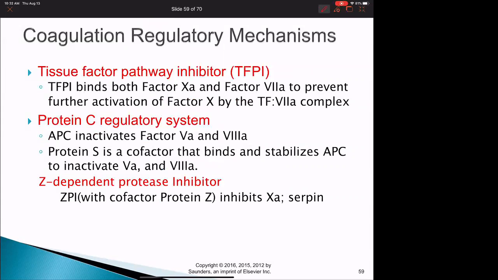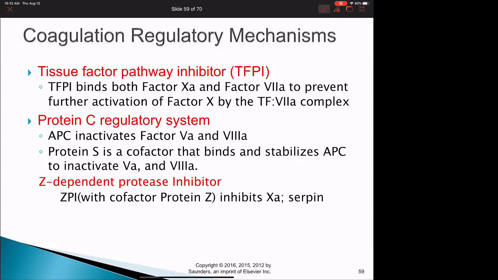Here are some other regulatory mechanisms to keep in mind that are going to be important in the inhibition of coagulation. Tissue factor pathway inhibitor binds to activated factor 10 and to activated factor 7 to prevent further activation of factor 10 by the tissue factor activated factor 7 complex or pathway. The protein C regulatory system is the activated protein C, which inactivates activated factor 5 and activated factor 8.